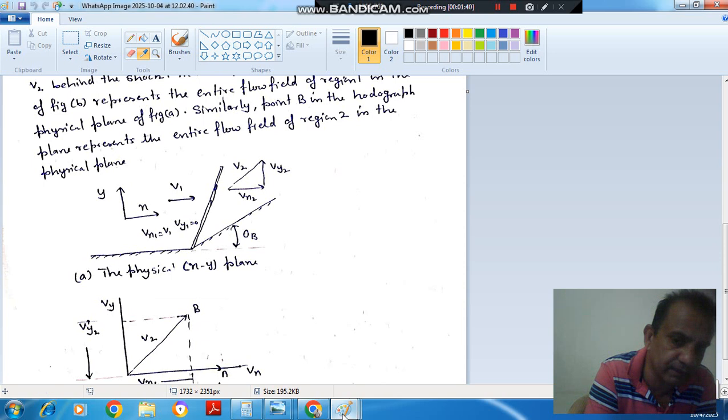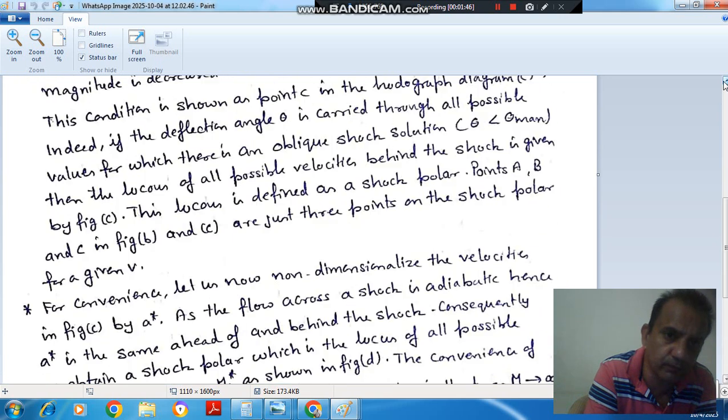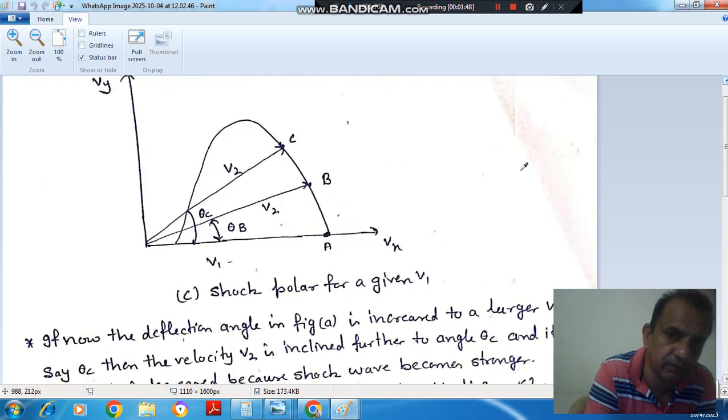Now if the angle is increased, then there is a different V2 or the velocity after the shock, and there is a different point C. Okay, so this is the point in the shock polar, and the angle is theta c. Similarly, for different angles we can choose other points.